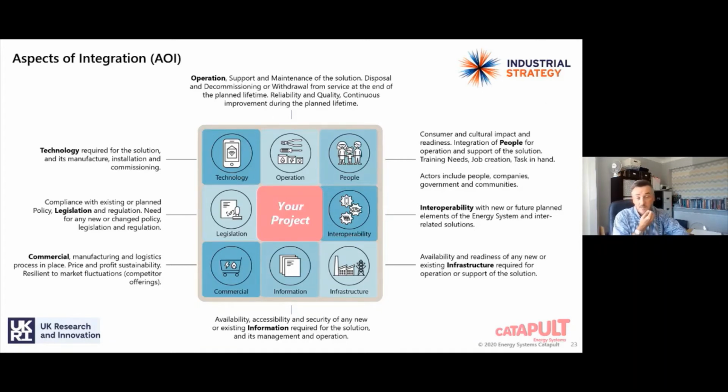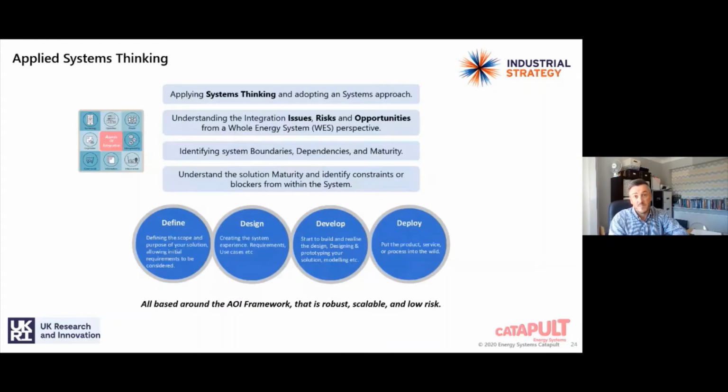Next slide, please, Anna. So what we've done is applied systems thinking as a structured approach to draw upon those aspects and understand the various issues, risks, and opportunities of the whole energy system. So you're thinking holistically as opposed to focusing on one part of it.